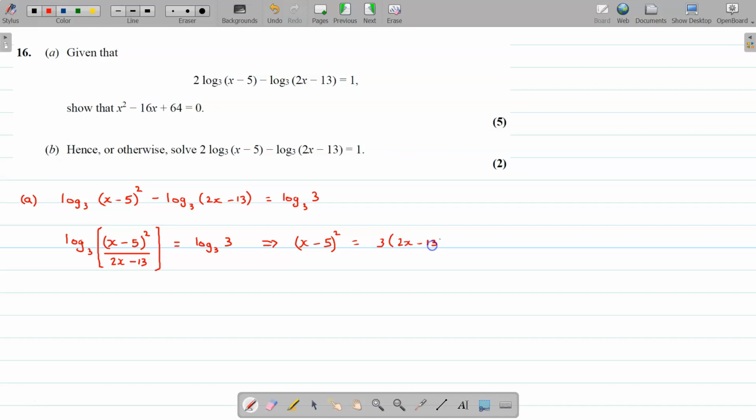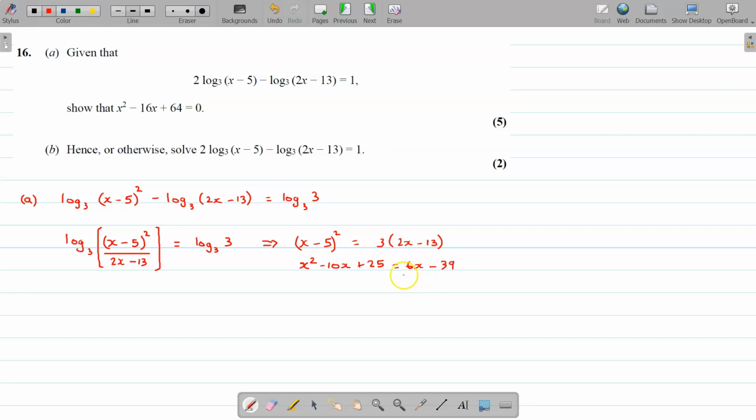Just be careful about missing out too many steps, because very often these questions will ask you to show that something is true, and you must therefore put as many steps in as necessary. But anyway, this gives me x squared minus 10x plus 25, and that gives me 6x minus 39.